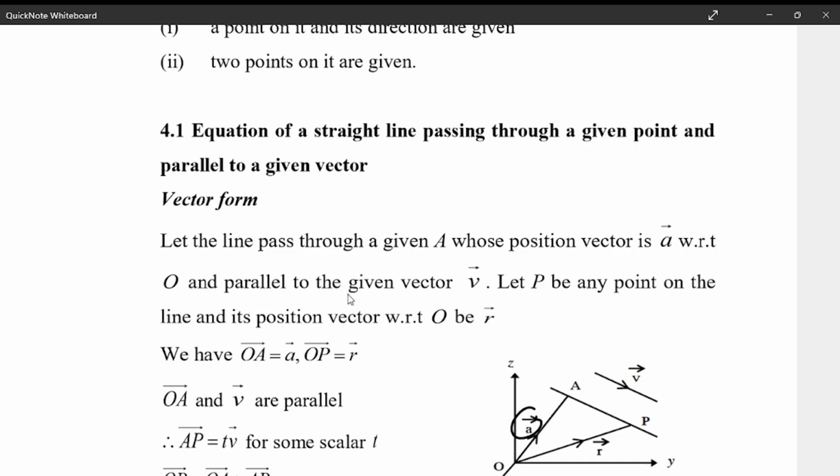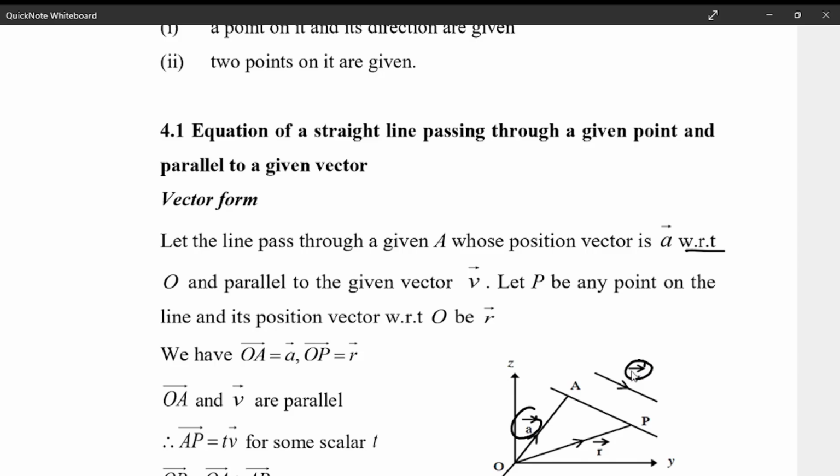This line is also parallel to a vector in space which is V. So there is a line passing through A, and A has a position vector with respect to the origin, and this line is also parallel to a given vector in space which is V.